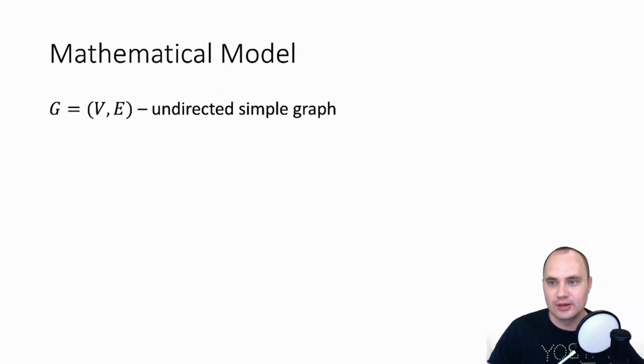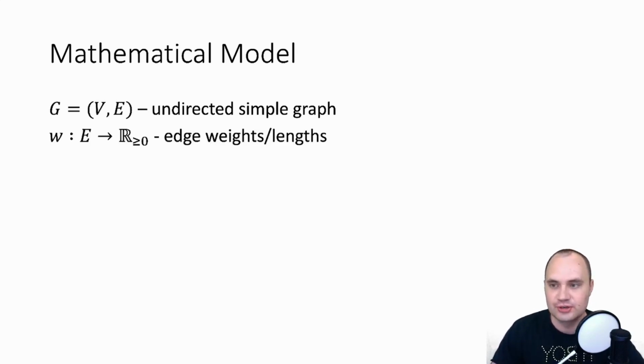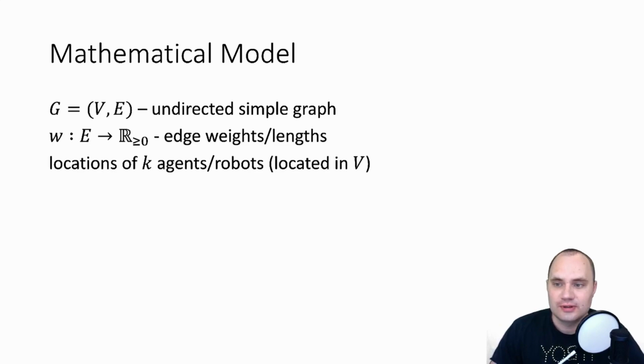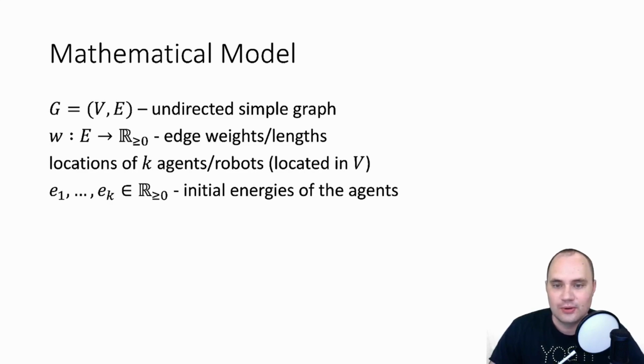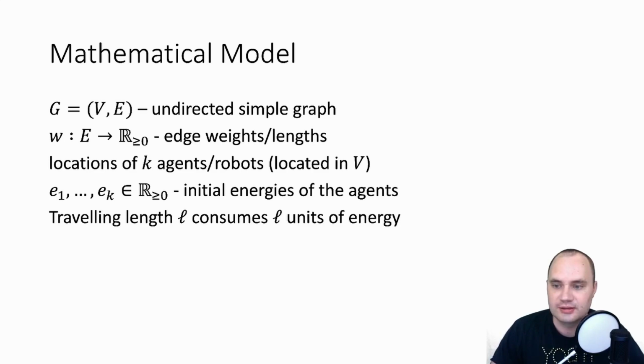We say that we're given an undirected simple graph G, which has a weight function on edges, and the weights represent the lengths of the edges. We are also given locations of k agents or robots, which are initially located on some vertices of V. We allow several agents to be located at the same vertex. Also, we know the initial energies of the agents, and travel of length L consumes L units of energy.